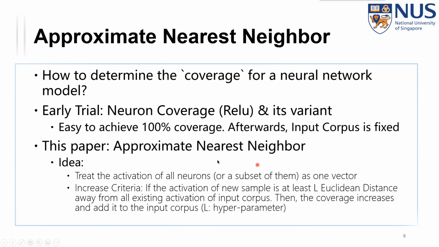Before that, I will talk about the neuron coverage that is used in my FYP project. If a ReLU is activated, we use the activation of the ReLU as a coverage guide. There are several variants of this neuron coverage. However, researchers find that it's very easy to achieve 100% coverage, and afterwards the input corpus is fixed and they cannot explore more.